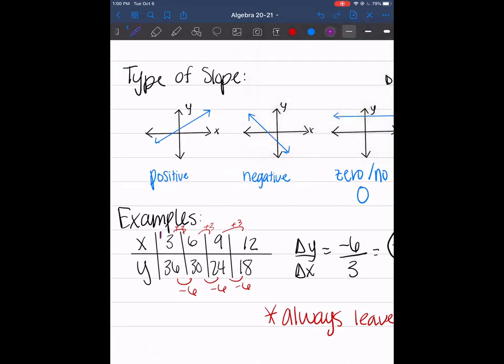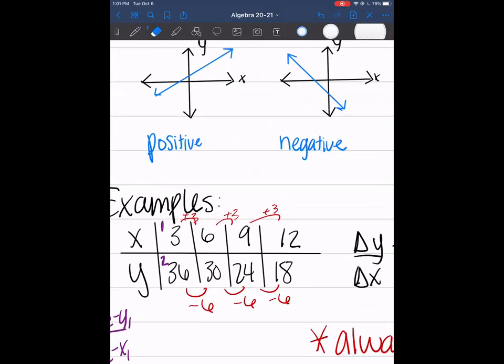This is 1 and this is 2. So if I was going to use the formula y2 minus y1 over x2 minus x1, I'm going to pick my y2. Oh, I'm sorry, I messed up on labeling which one was which.